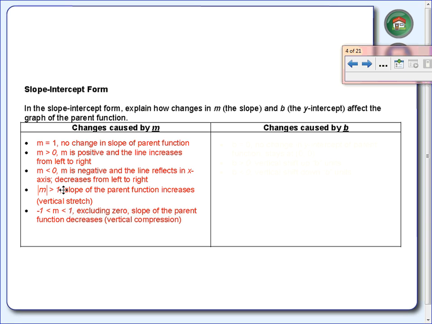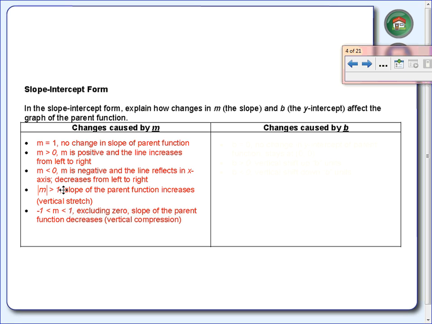Y'all remember that, right? When the slope is positive, the line goes up. When the slope is negative, the line goes down. So that's what this is saying here. When m is greater than 0, the line increases. As a matter of fact, if you look at the next one, it says if m is less than 0, which means if m is negative, then it decreases.